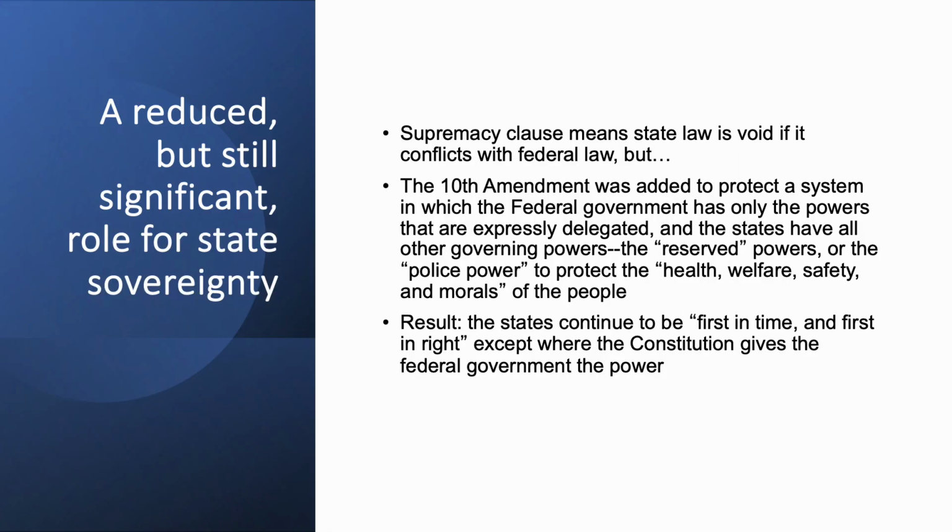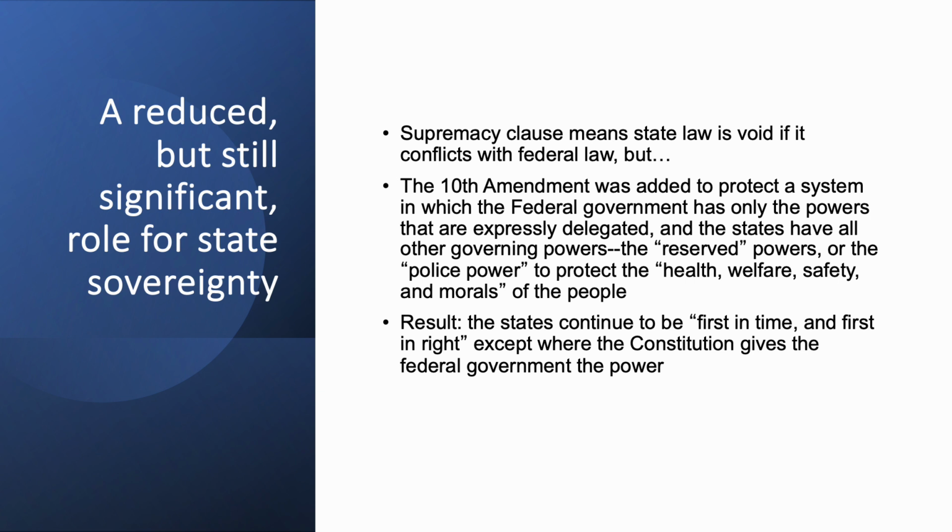Now, I said that they awarded the national government this special status, the supremacy clause. However, the 10th Amendment is still there, and the 10th Amendment, which we went over, protects the states to a substantial extent. In other words, remember, the federal government has only the powers that it is given, and the states have all the other powers, which they call the reserve powers, the police power.